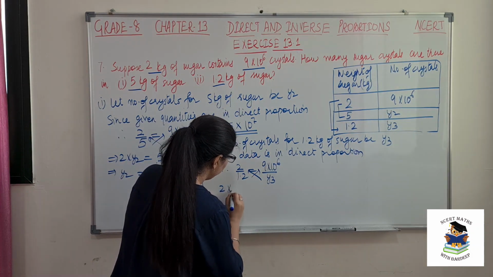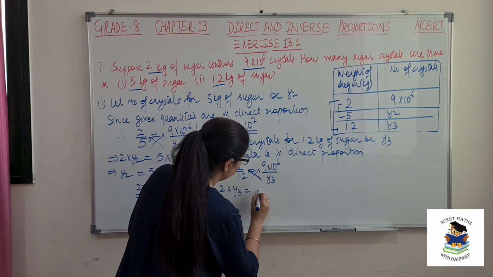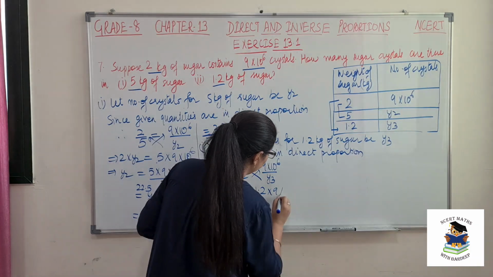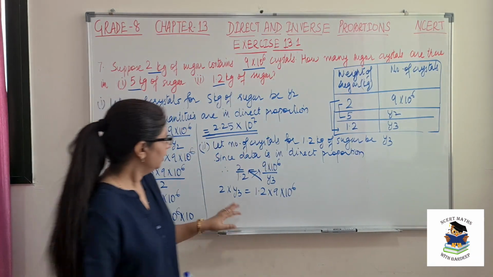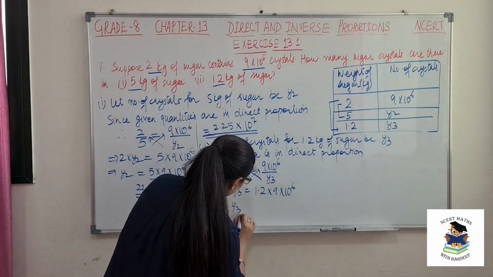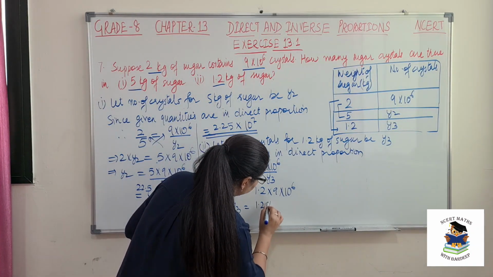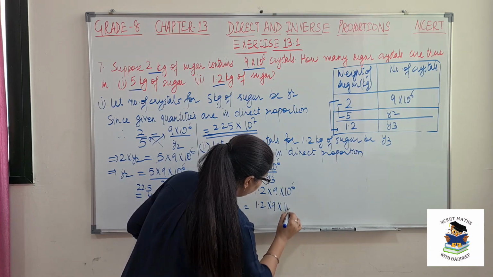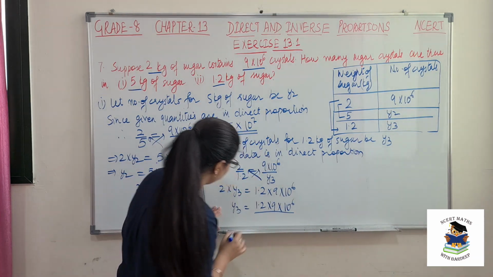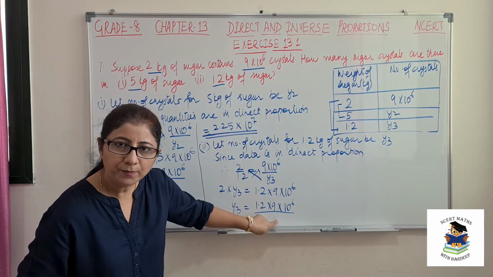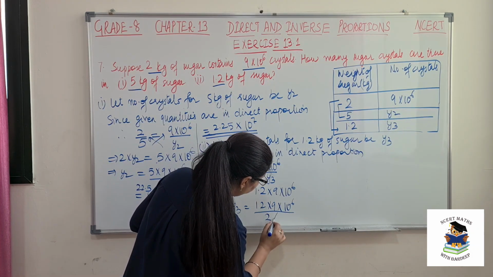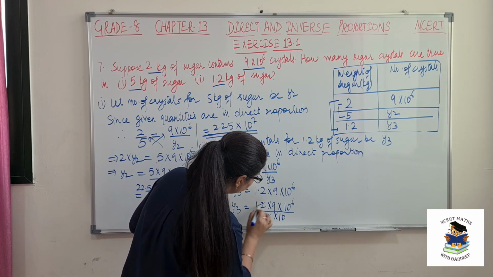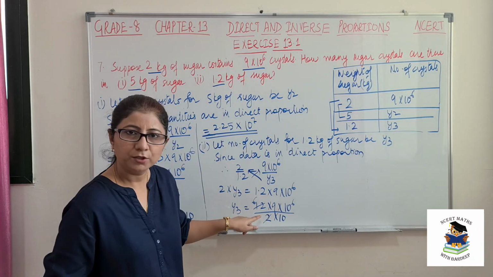So 2 into Y3 is equal to 1.2 into 9 into 10 raised to power 6. Okay, so what is Y3 in our case? 1.2 into 9 into 10 raised to power 6, and this 2 will come here. So now remove this decimal by writing 10 here. 2, 6, 12.